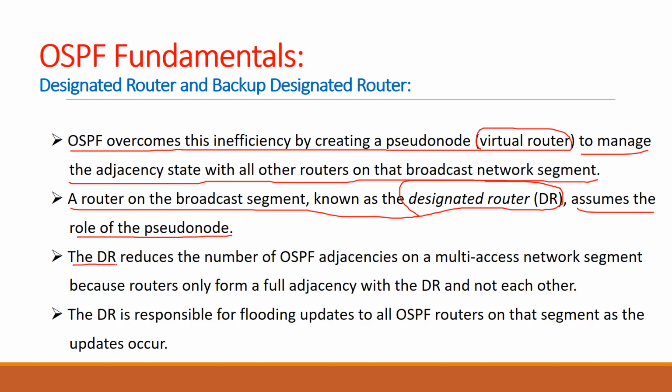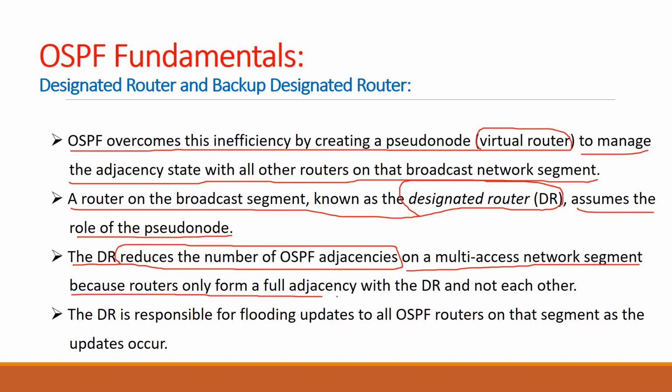The DR, or designated router, reduces the number of OSPF adjacencies. This is the main objective of the designated router, to reduce the number of OSPF adjacencies on a multi-access network segment, because routers only form a full adjacency with the designated router and not with each other.